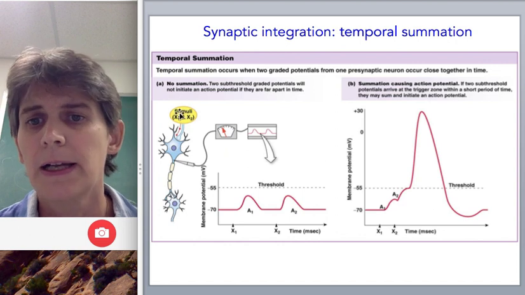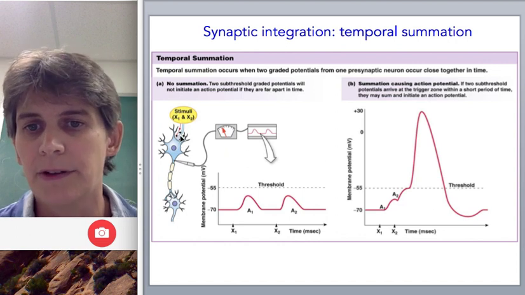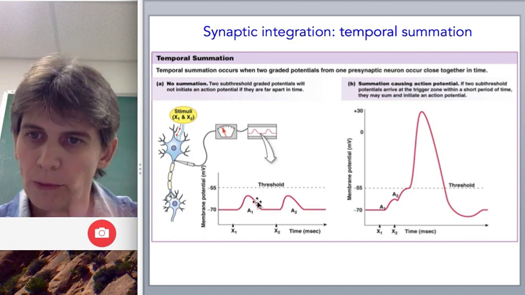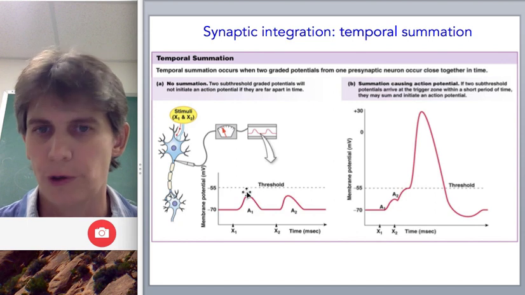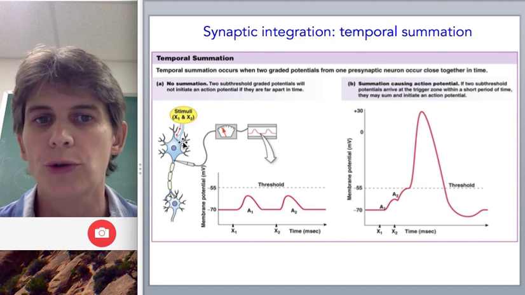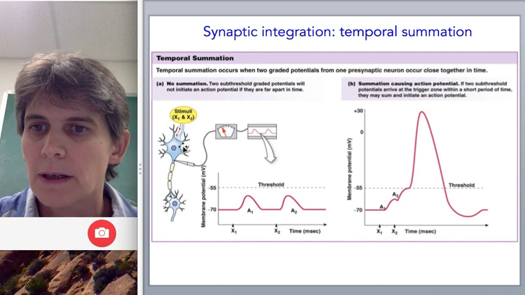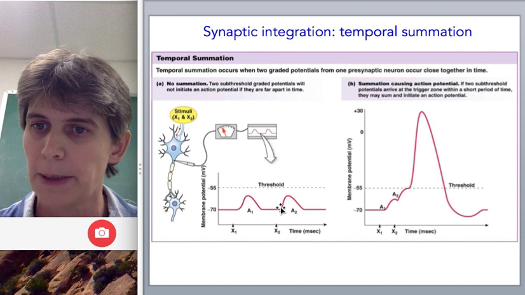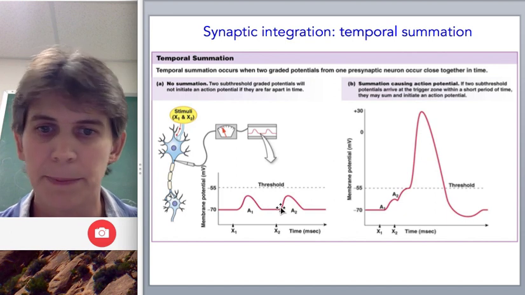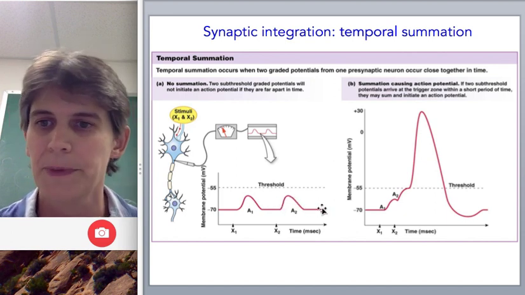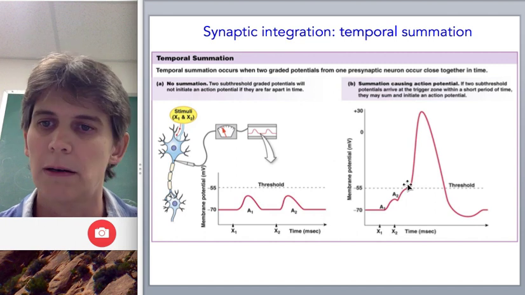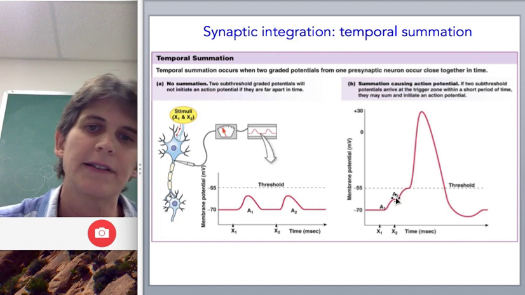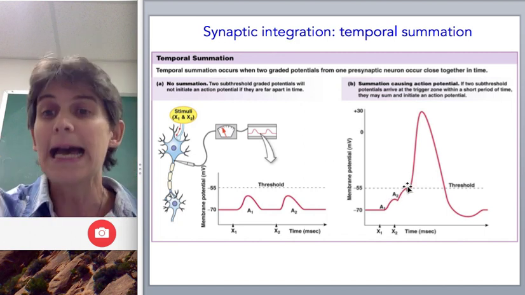So for example, if this dendrite on this cell body had 2 releases of neurotransmitter in a short period of time, triggering 2 postsynaptic potentials, if they were separated in time, you can see that if you get back to your baseline membrane potential, then the second one's not going to add up. But if the second one comes while the first one is still depolarizing that cell, then they can add up.